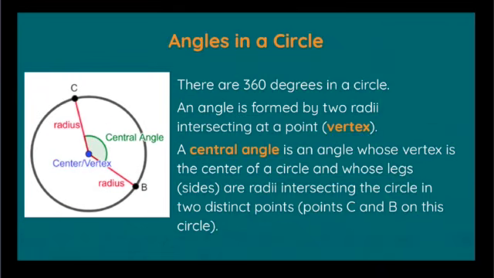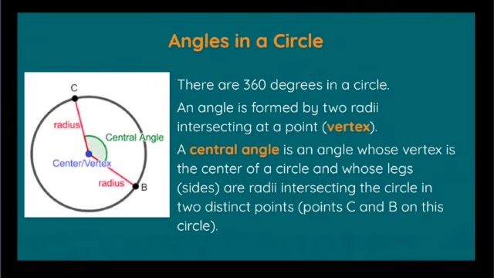All right, and then finally, to talk about the angles in a circle, there are 360 degrees in a circle. So if we were to use this center point as our vertex and go all the way around that, it would be 360 degrees.